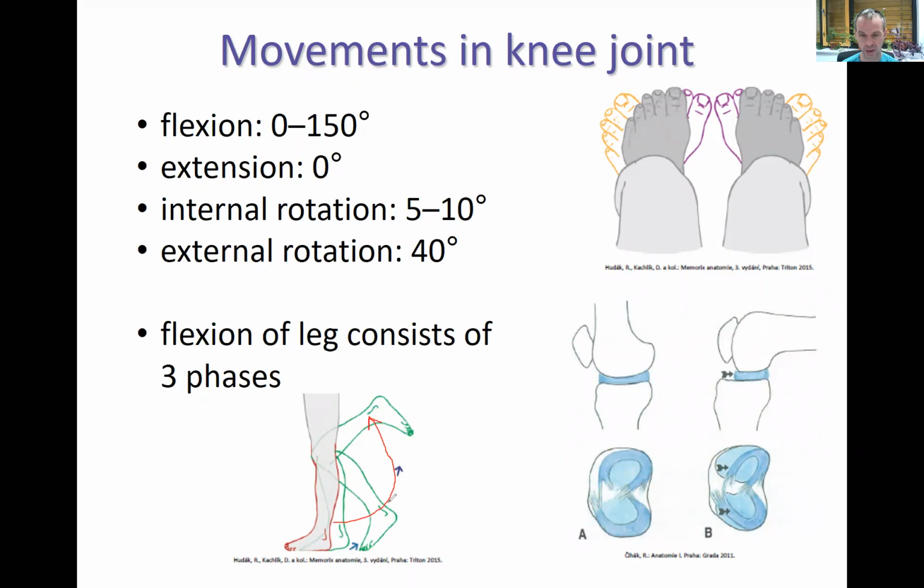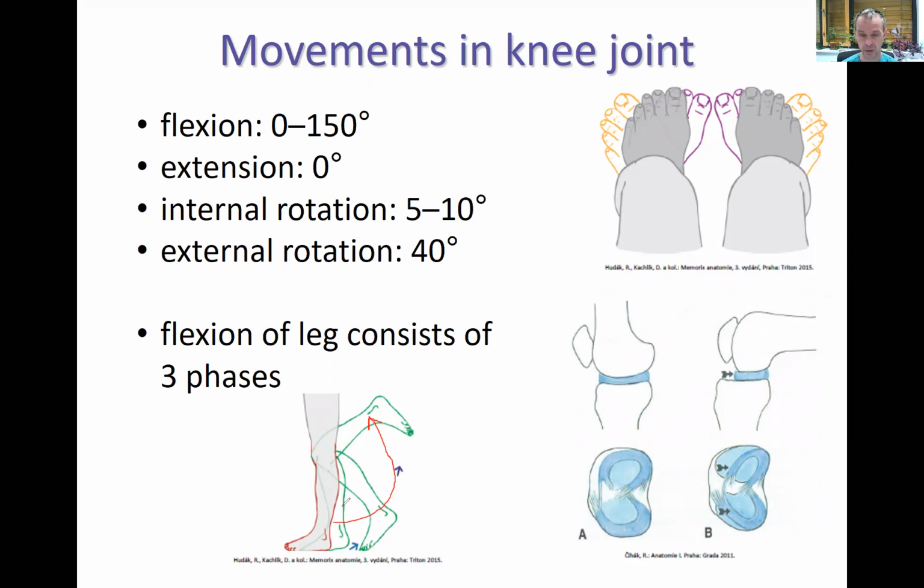And then the movement back is extension. In case of full flexion or extension, the cruciate ligaments are wrapped around each other. That means the knee is locked. And in a locked knee, we are not able to perform any rotation.